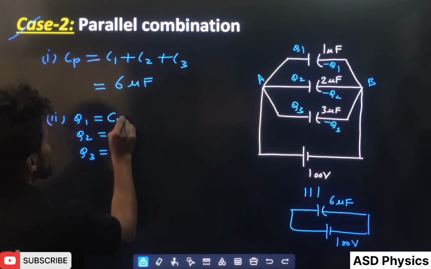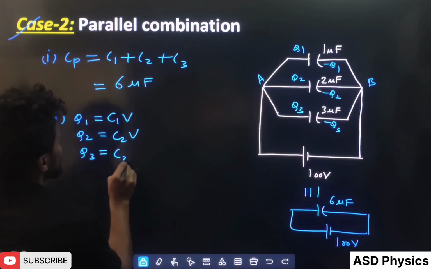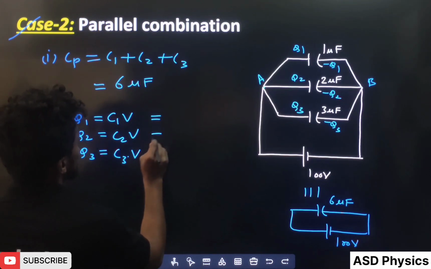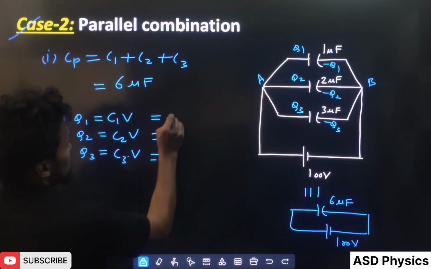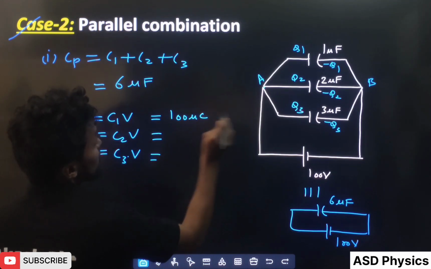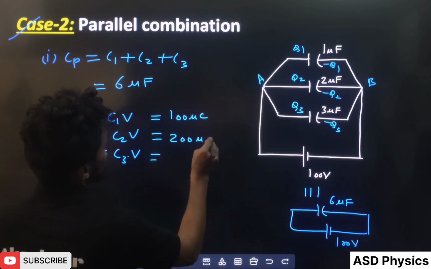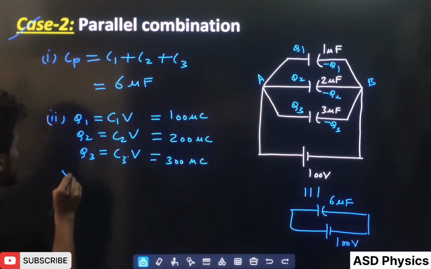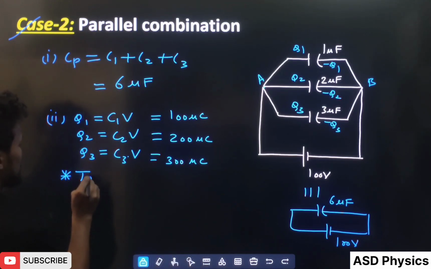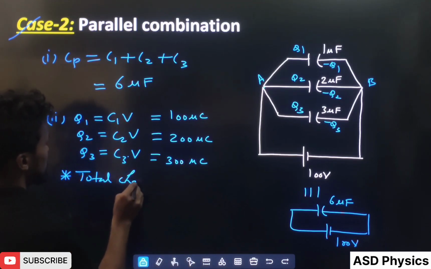So Q1 is C1V, similarly C2V and C3V. C1V is C1 into 100, so this is 100 microcoulomb. Next one is 200 microcoulomb. Here it is 300 microcoulomb.